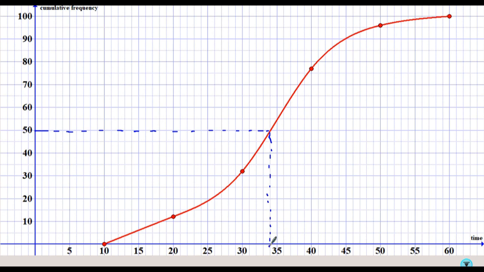So the median is 34 minutes. That tells me that as many people arrived in less than 34 minutes as people that arrived in more than 34 minutes. So this is the way to calculate the median.